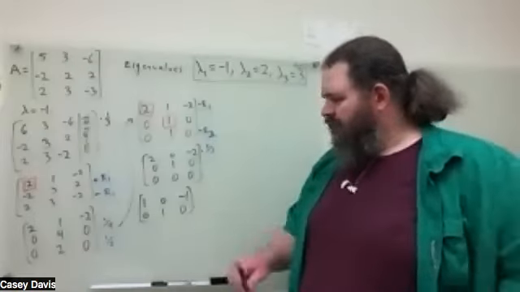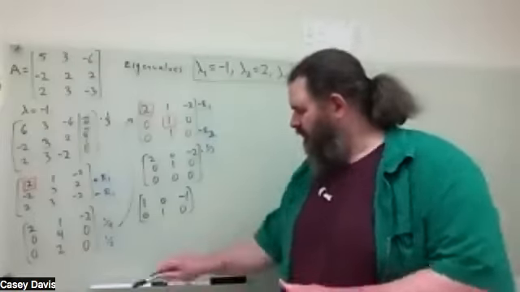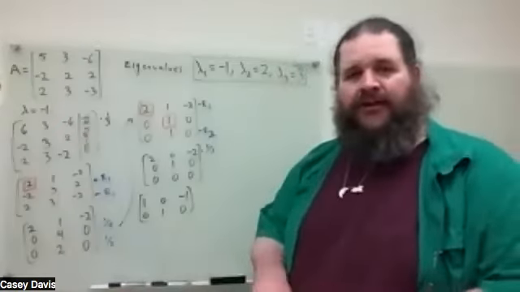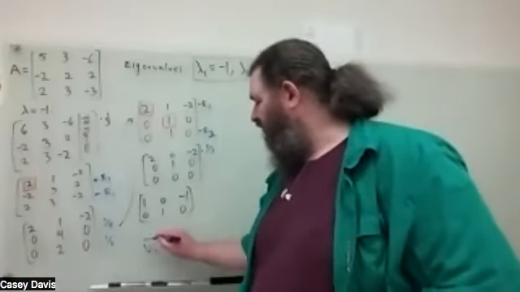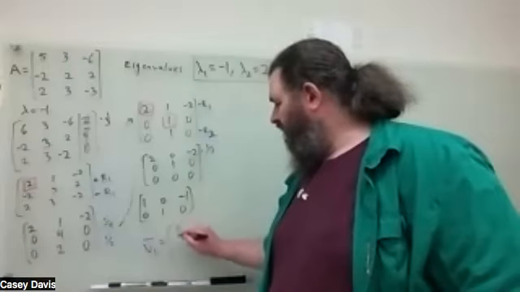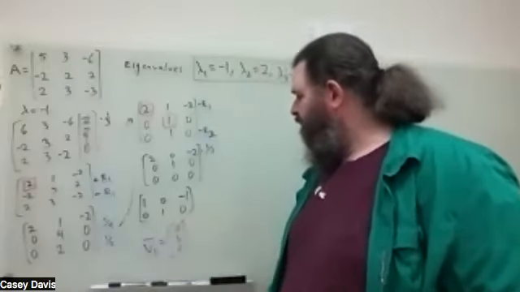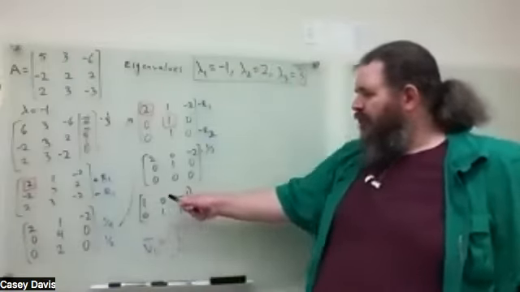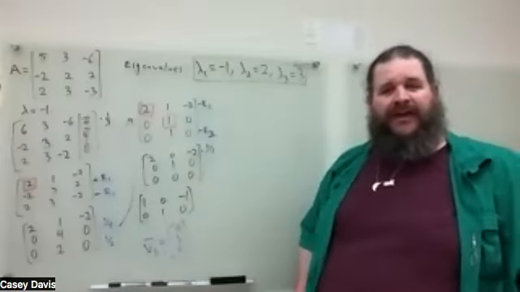So rewriting these rows as equations. Again, we're assuming that the eigenvector is 3 by 1. So let's just say v1 is a, b, c. What would the first row look like as an equation in terms of a, b, and c?